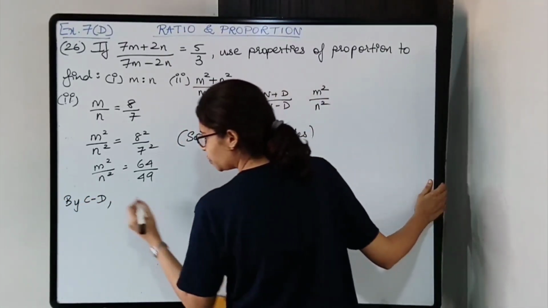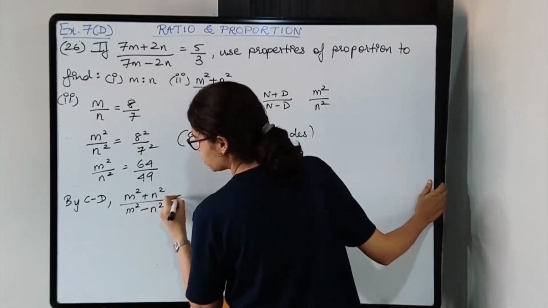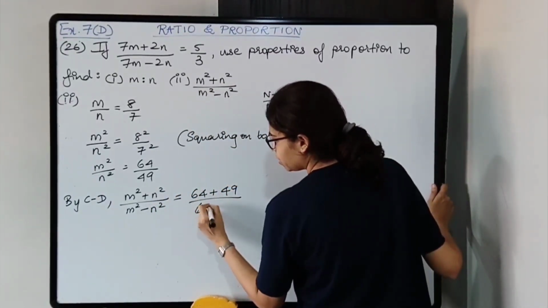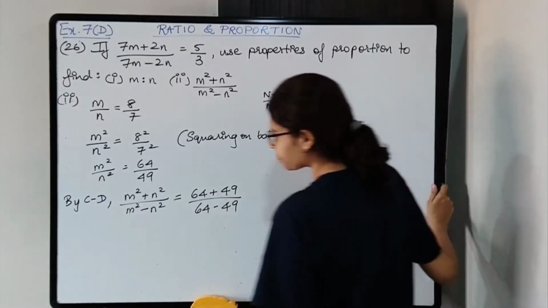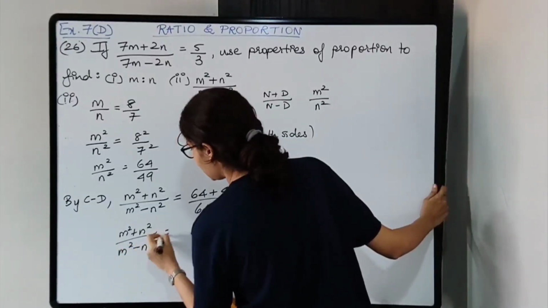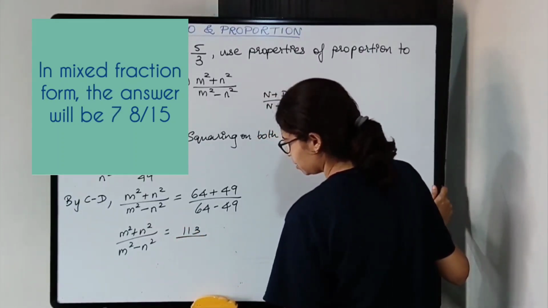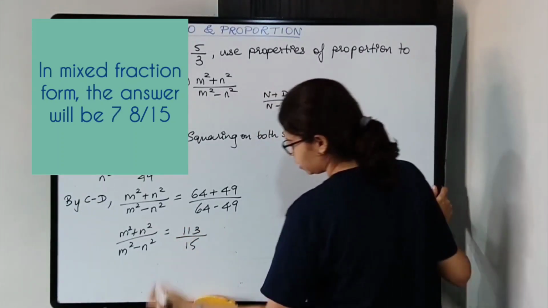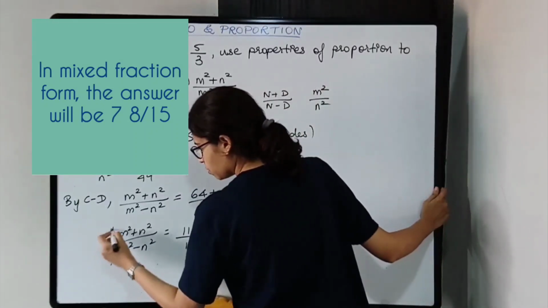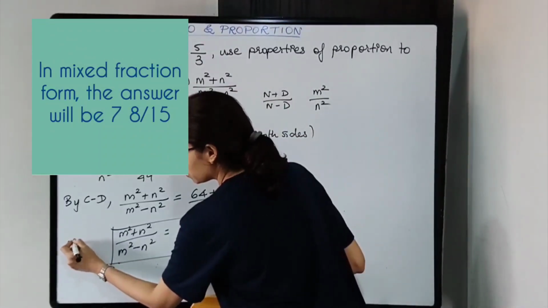I am not writing it down. Numerator plus denominator upon numerator minus denominator. So m square plus n square upon m square minus n square is equal to, here we will get 113 and here 15, right, so 113 upon 15. Box this. So this is the answer to the second part.